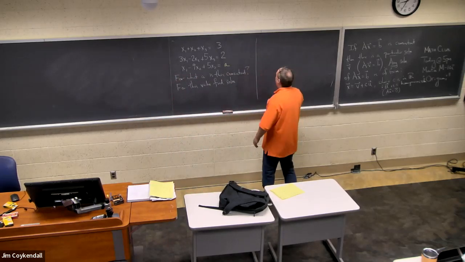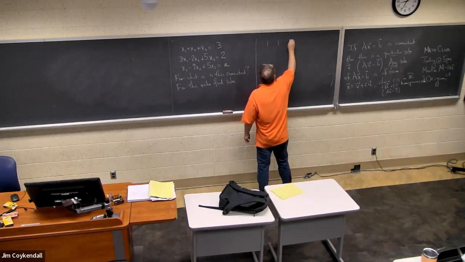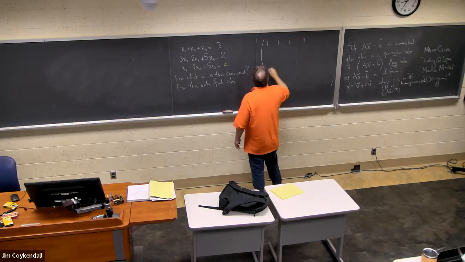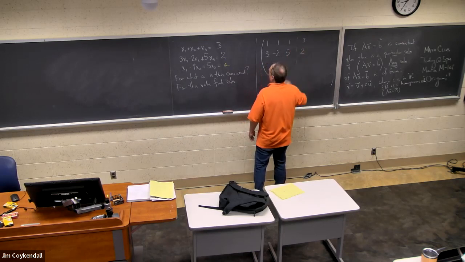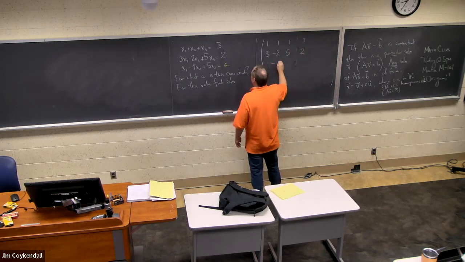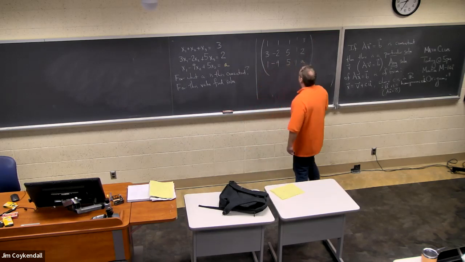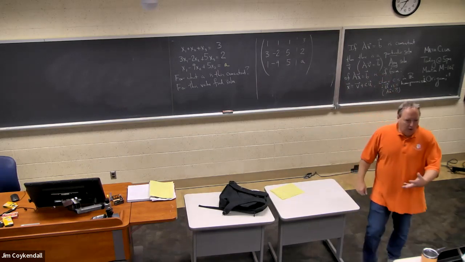First thing, and let me put this in matrix form. 1, 1, 1, 3; 3, -2, 5, 2; and 1, -9, 5, 8. Right? And what I want here is consistency.